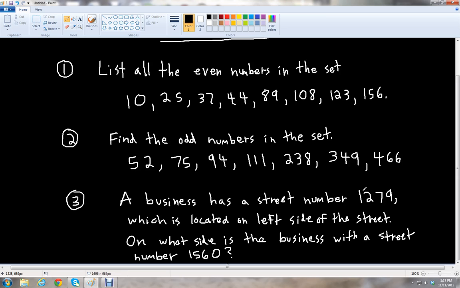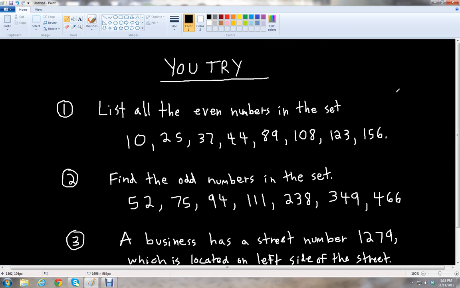So I'll give you time to work on the 3 problems. Feel free to pause the video or rewind if you need to look over the difference between even and odd numbers. And then we'll go over the answers.